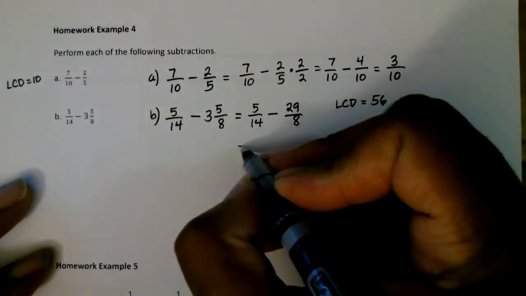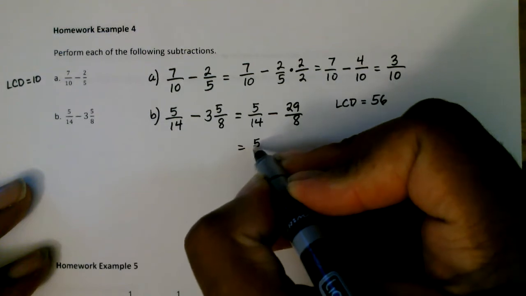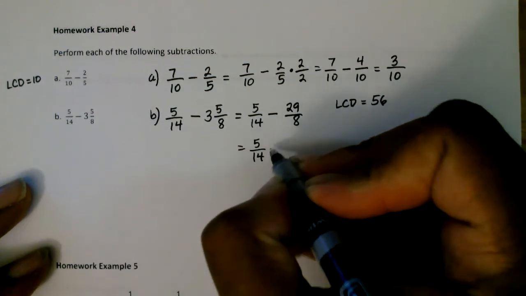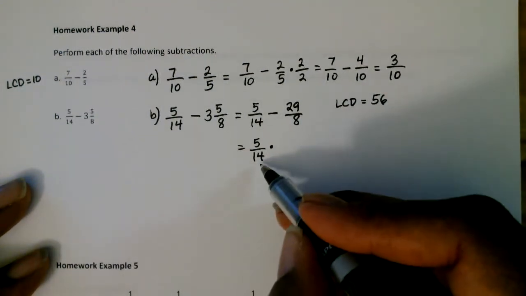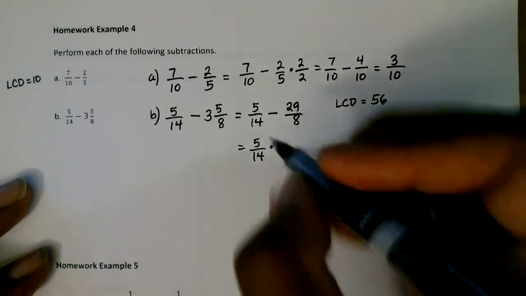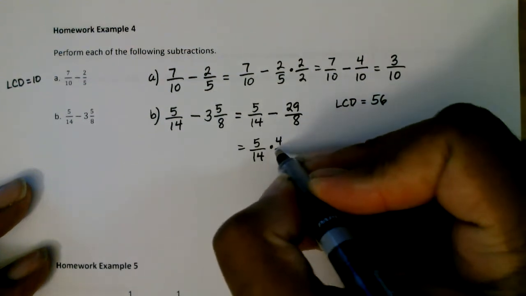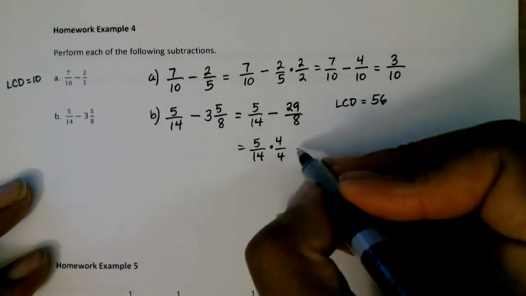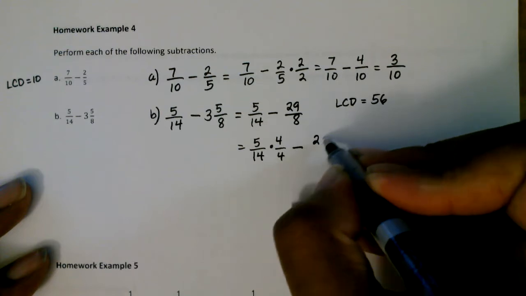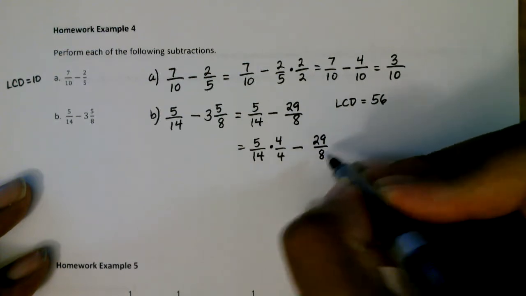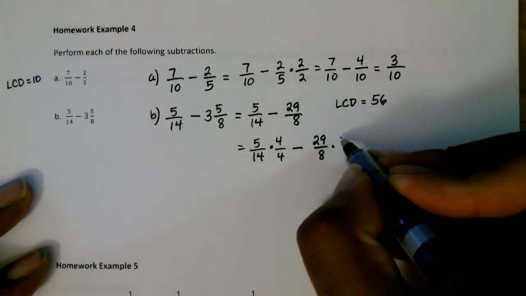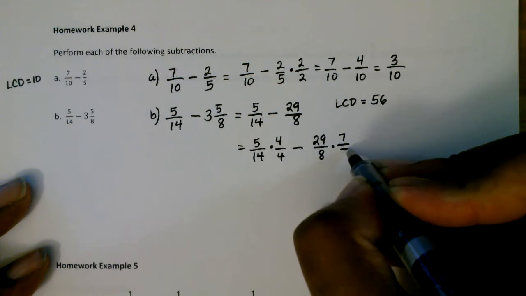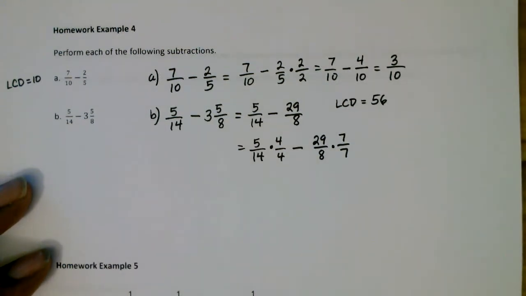Now, here's how we write our equivalent fractions. For 5/14, if I want that 14 to be 56, I need to multiply the numerator and the denominator by 4. And then for minus 29 over 8, if that 8 is to become 56, I need to multiply the numerator and the denominator by 7.